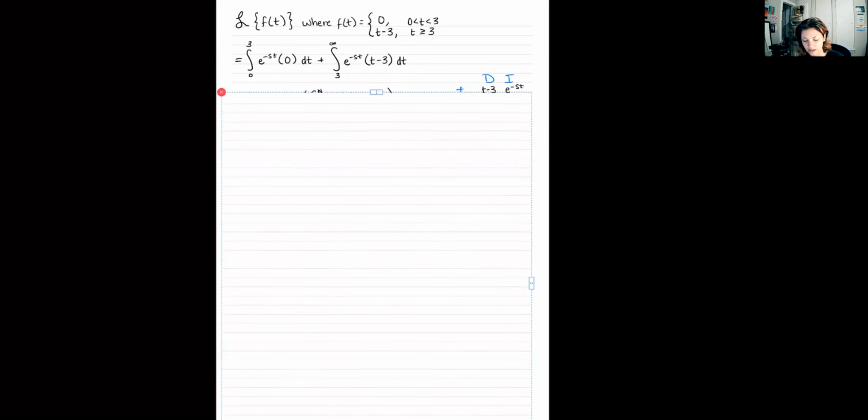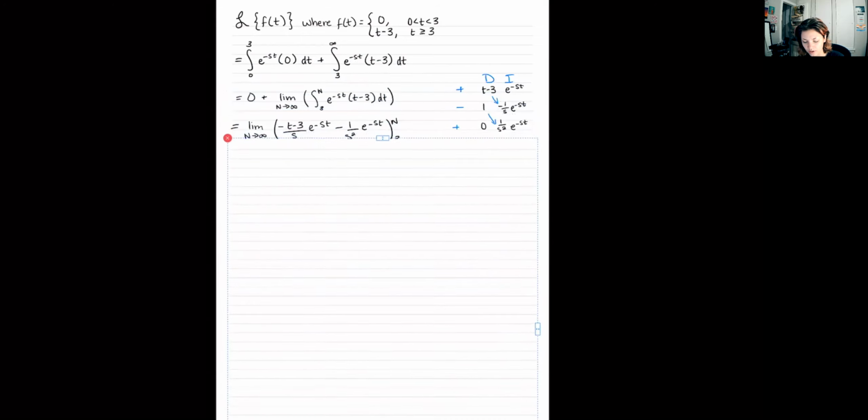And so to find these integrals, we want to look at taking the limit as n approaches infinity. So what I did, I went ahead and first took my derivatives and integrals there on the right side.